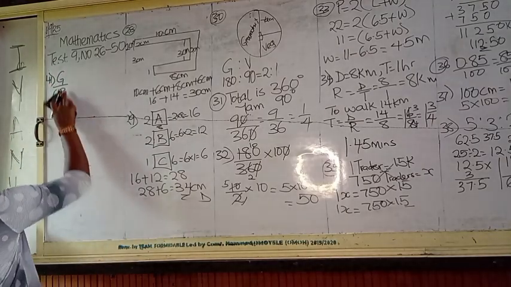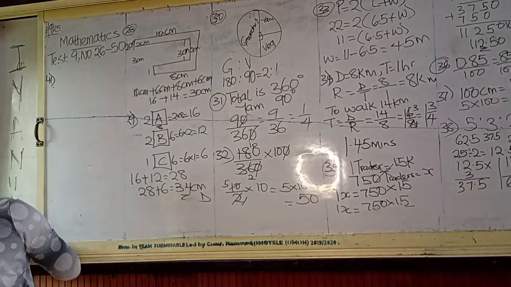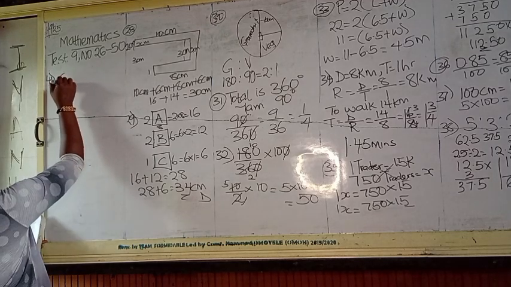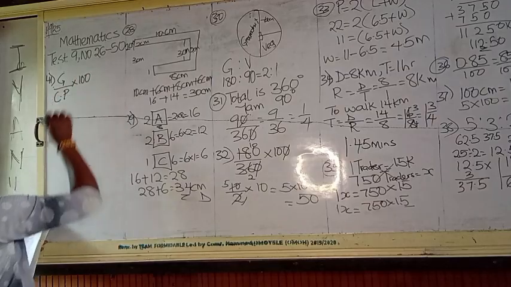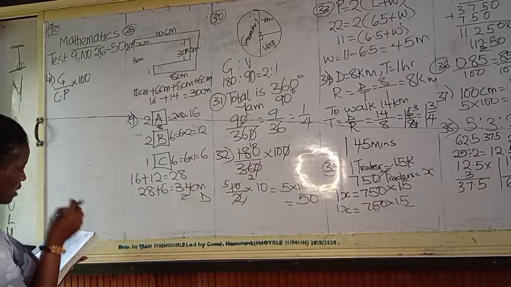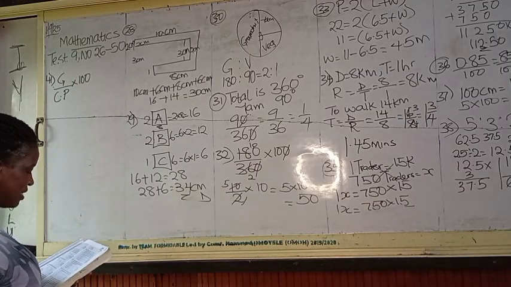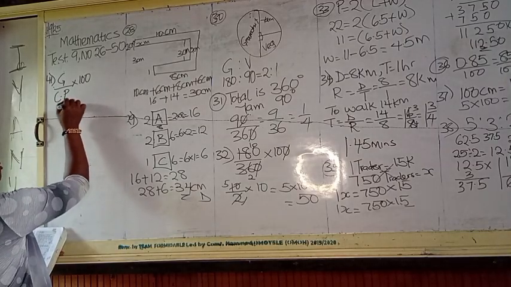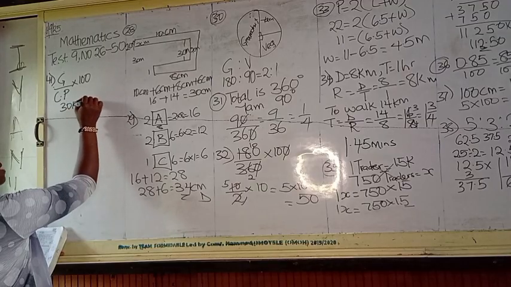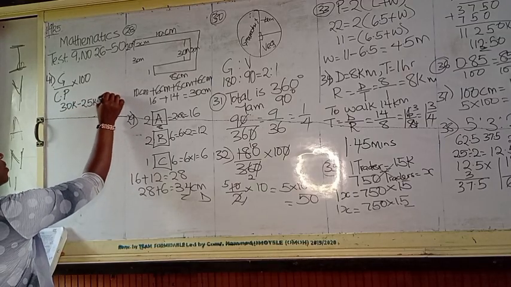So that is going to be gain over cost price multiplied by 100. We are told to get the gain. We are told he bought it for 25 kobo and sold it for 30 kobo. So that will be 30 kobo minus 25 kobo, which is equal to 5 kobo.